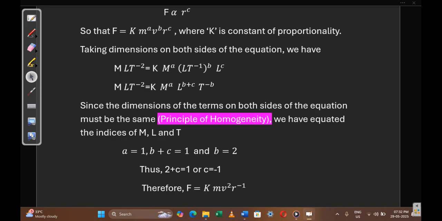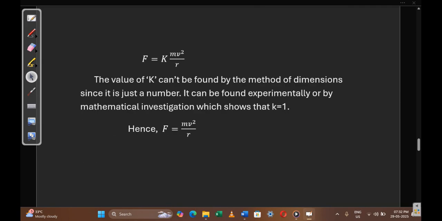So the equation derived is F is equal to m v square by r. The value of K can't be found by the method of dimensions. It is just a number, and it can be found experimentally.